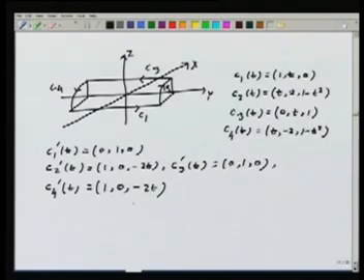Okay, it is analogous to C2 prime t. Now I need to know what is f of C(t) and then integrate in the correct limit.